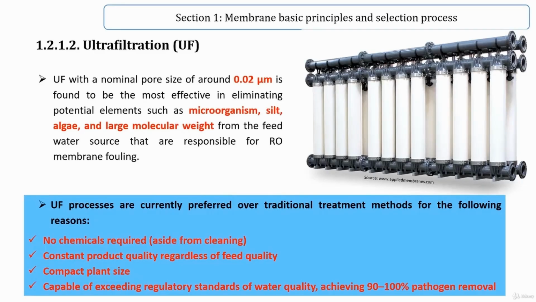Nevertheless, it has to be noticed that ultrafiltration processes are currently limited by the high cost incurred due to membrane fouling and replacement. Additional pretreatment of feed water is required to prevent excessive damage to the membrane units.